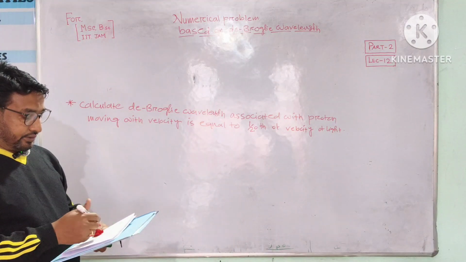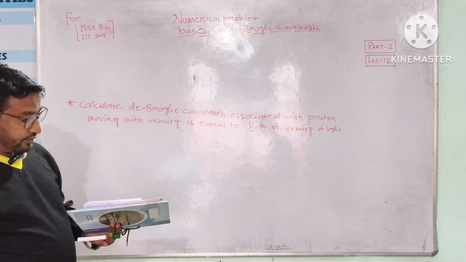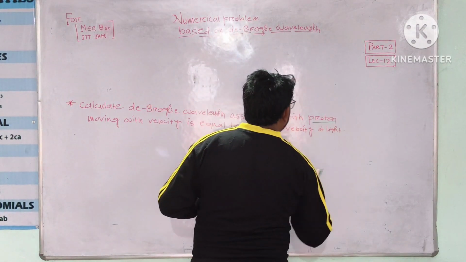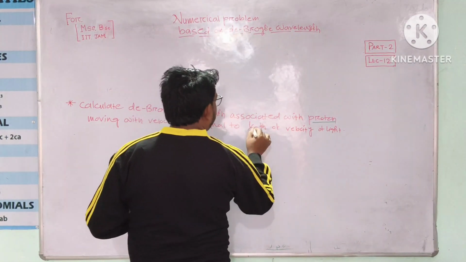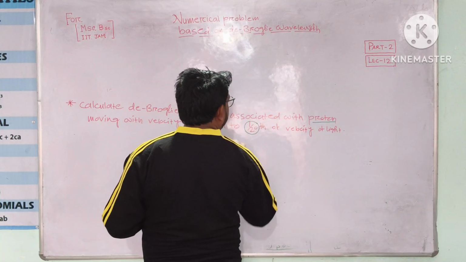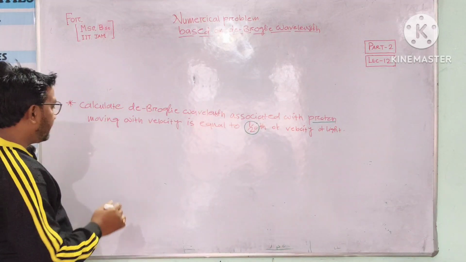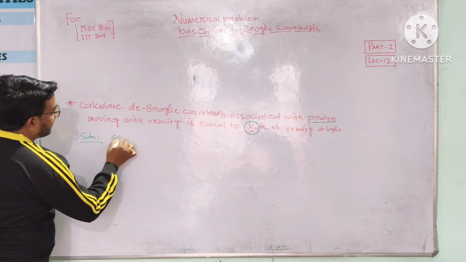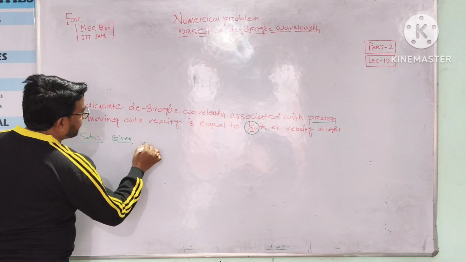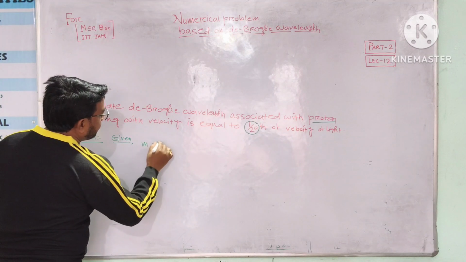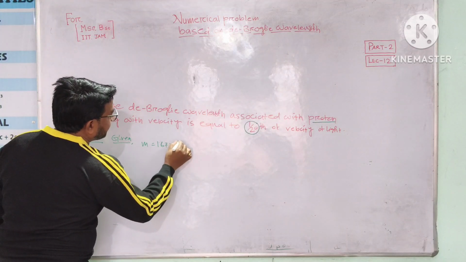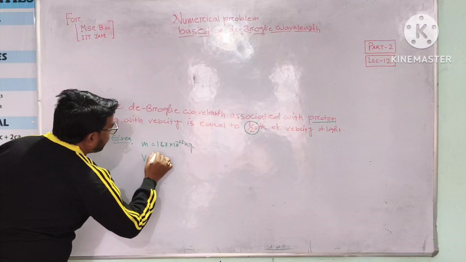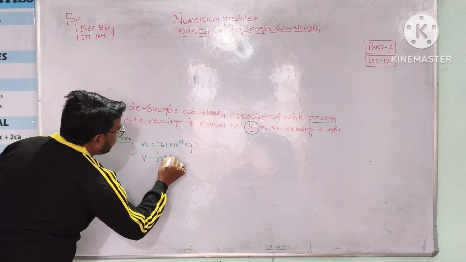So the given information of this question is clear: this is a proton particle, and the speed of the proton particle is 1/20 times the speed of light. Solution: given mass of proton particle equal 1.67 into 10 to the power minus 27 kg, and velocity of the proton particle equal 1/20 into c.